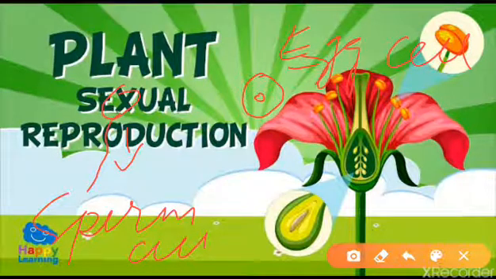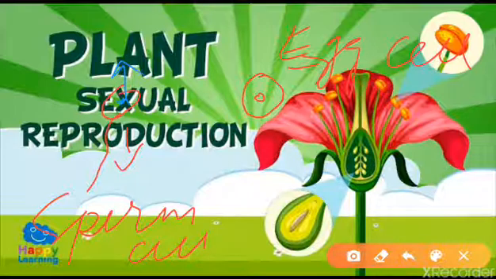This sperm cell has a full nucleus present over here. In the nucleus there is DNA present, and the same here also there is DNA present. When they fuse together, half of the DNA will come from this one and half of the DNA will come from this one.